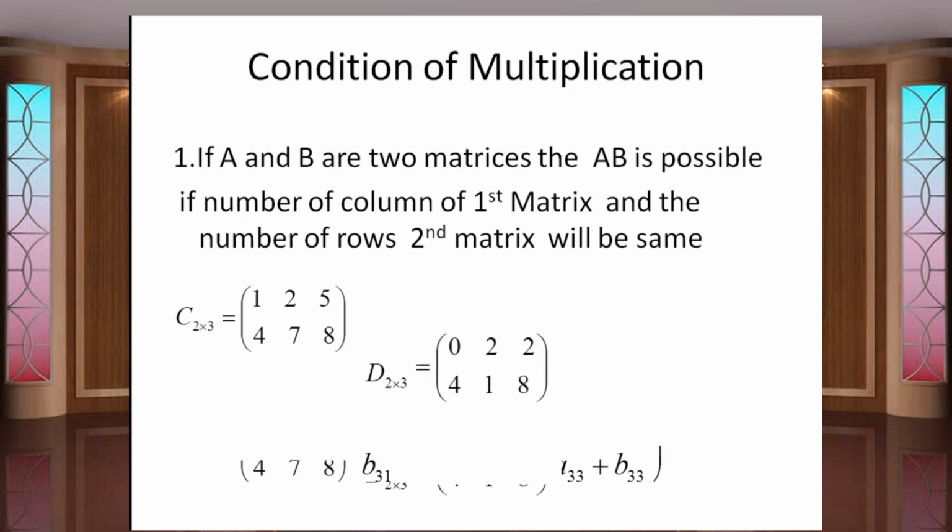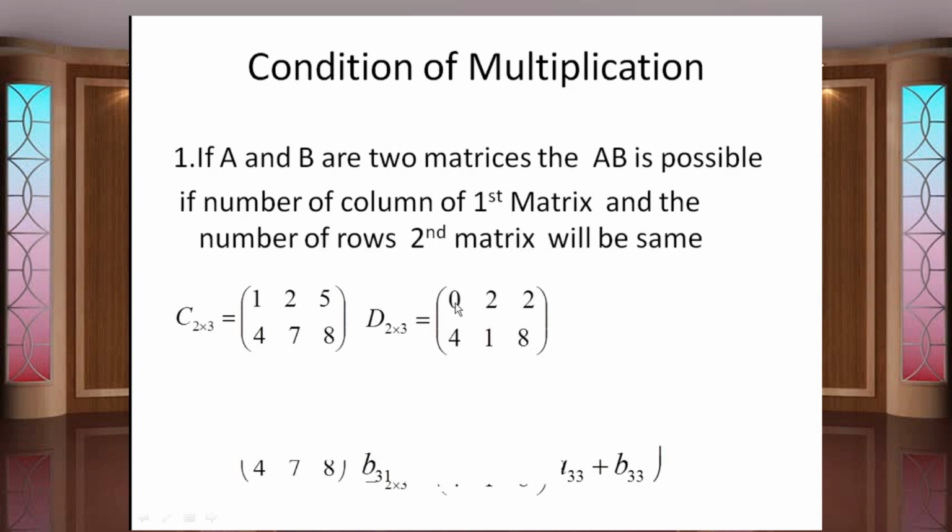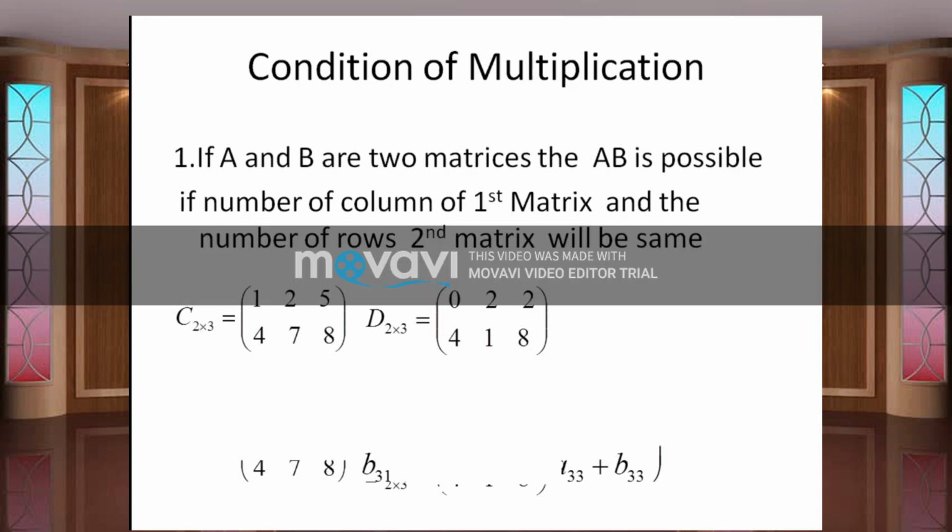Here you can see C and D. The number of columns of C is 3, 1 2 3, and the number of rows of D equals 2. So the number of columns and rows are not the same. That's why we cannot multiply them together.